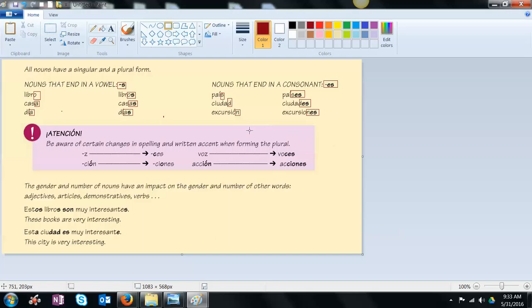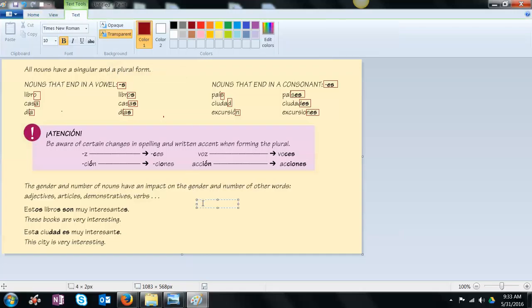One thing that you want to notice, if a word carries an accent on its last syllable, like excursión, when you make it plural, you end up dropping the accent. And that's because if we look at the word excursión, okay, so if words end in an N, S, or a vowel, they're supposed to get accented on their second to last syllable, and when that happens, we don't need to write in a written accent mark.